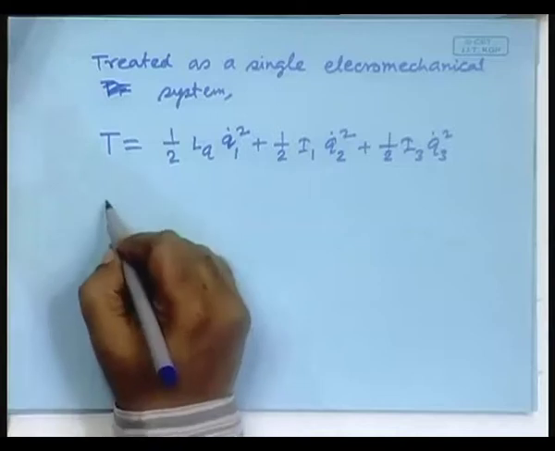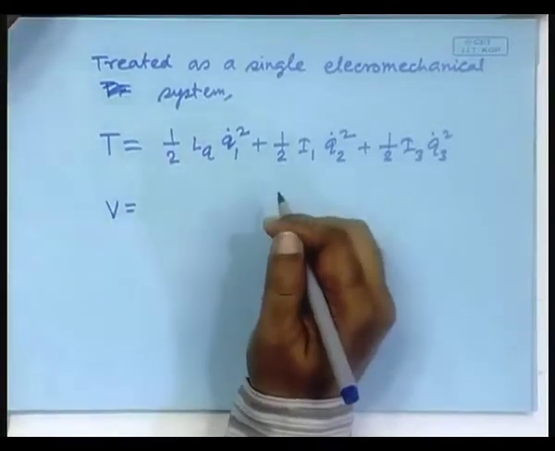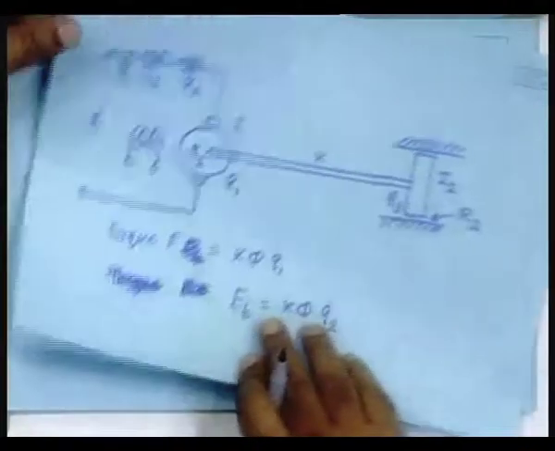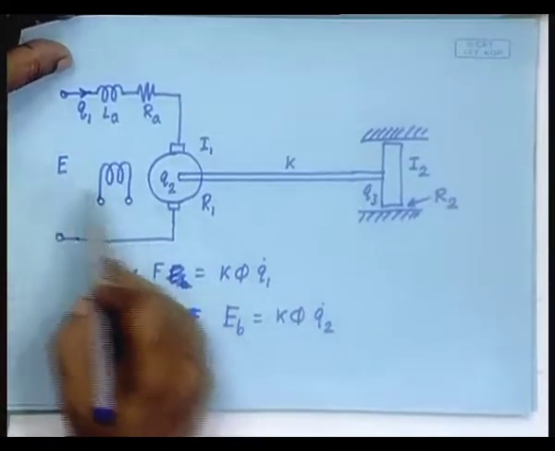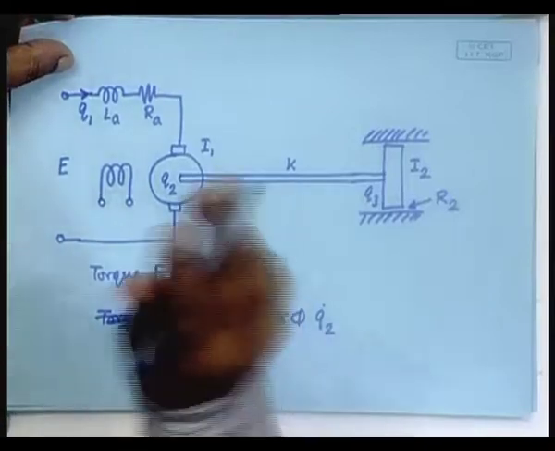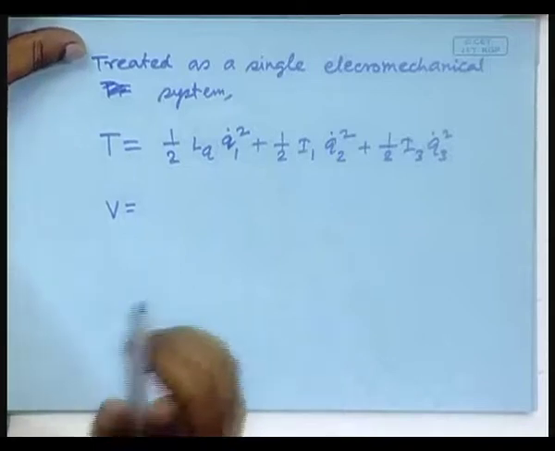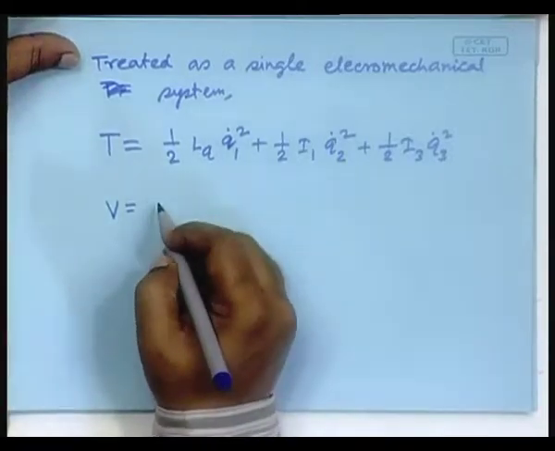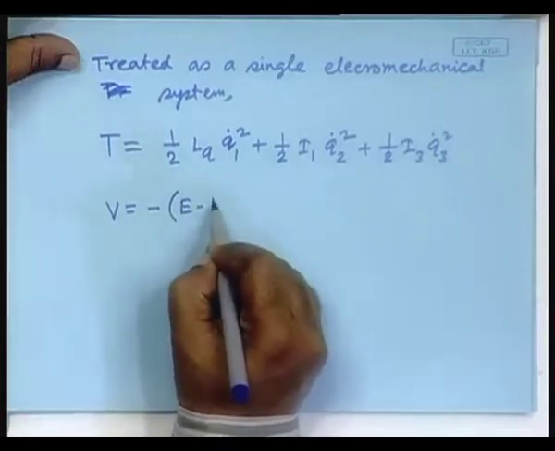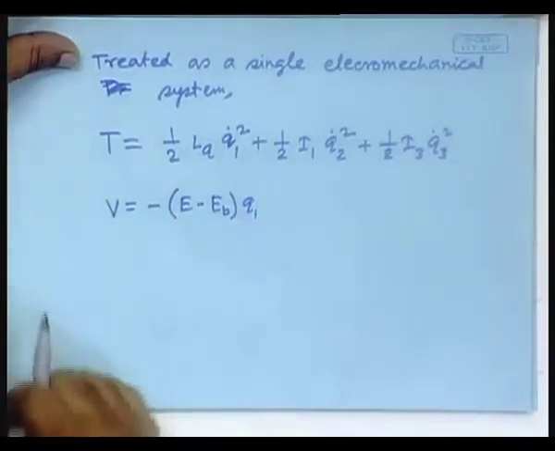Potential energy V. Here notice what is the total potential energy? Potential energy will include the back EMF, potential energy will include the torque, and that is what we need to treat carefully. So, first the electrical part, it is minus E minus E B into Q 1, it appeared.